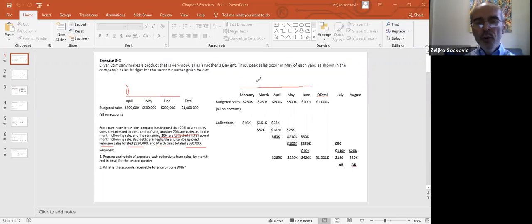And then you just follow, draw arrows or whatever you want to do, and look at the directions that you're given, these policies for the company.